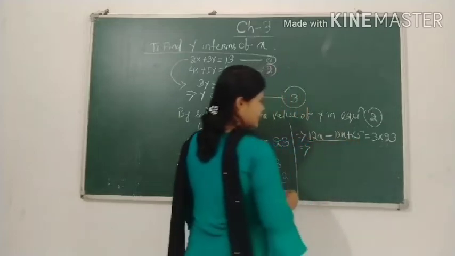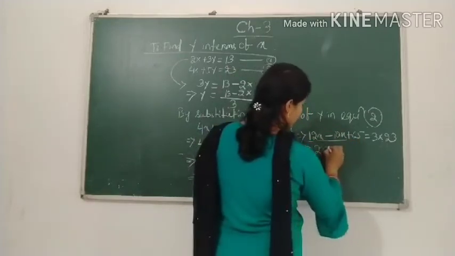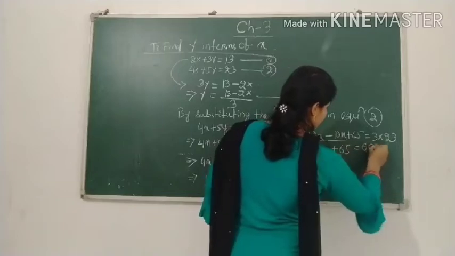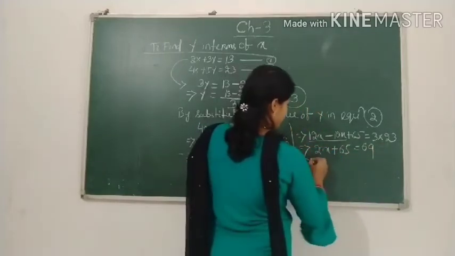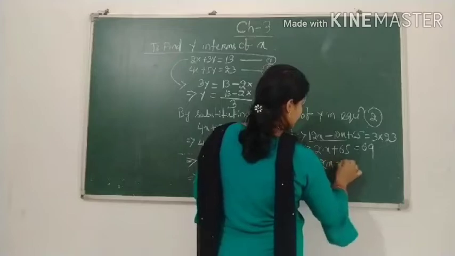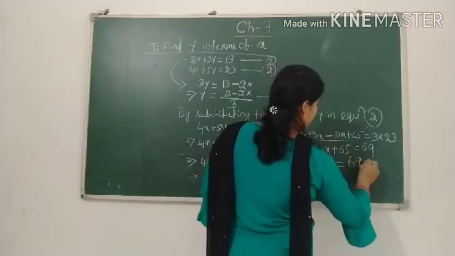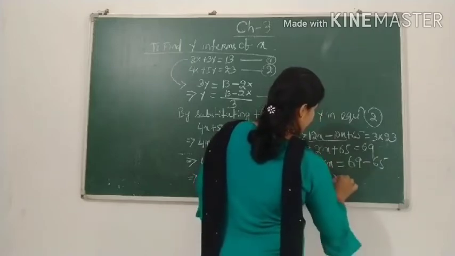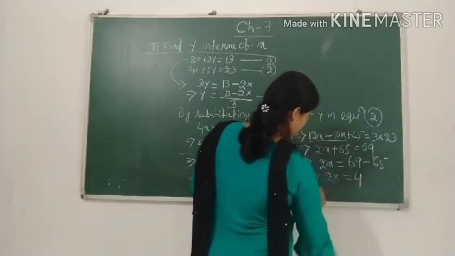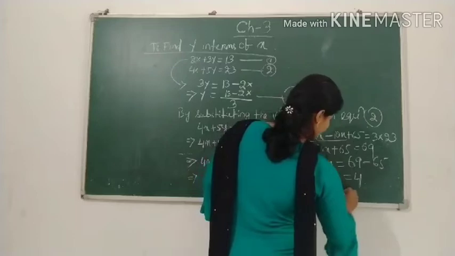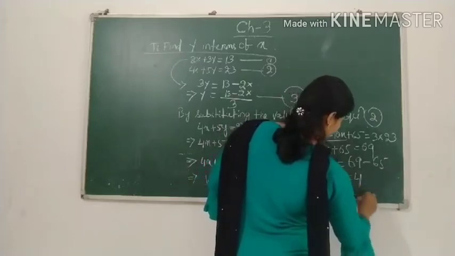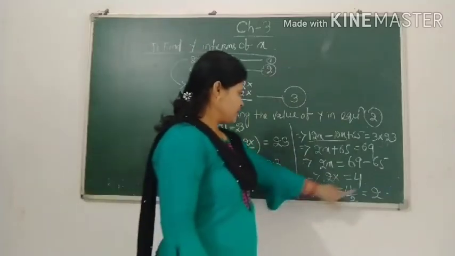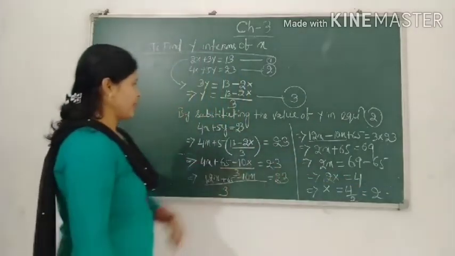I arrange 12x and minus 10x: 12x minus 10x is 2x, plus 65 is equal to 69. Then 2x is equal to 69 minus 65, so 2x is equal to 4. x is equal to 4 by 2. You got your value of x.